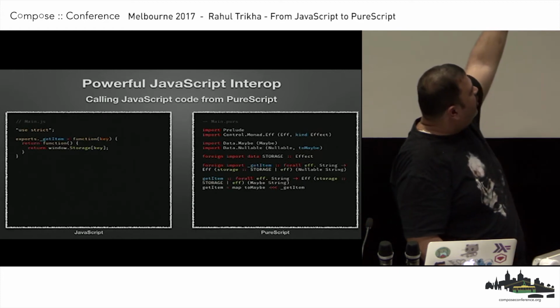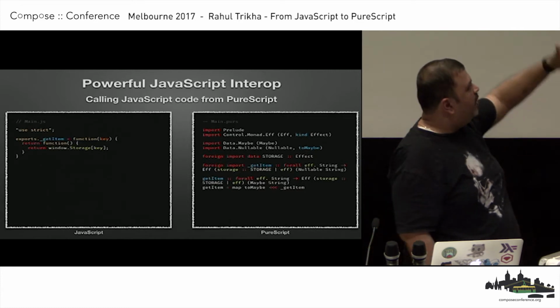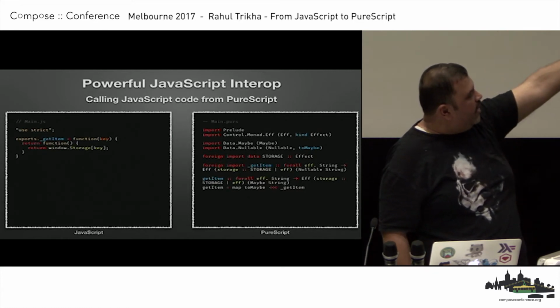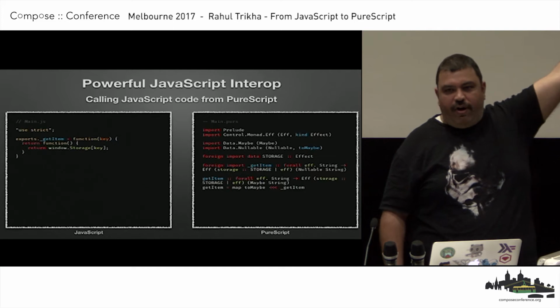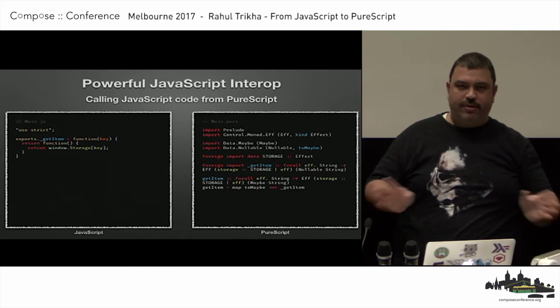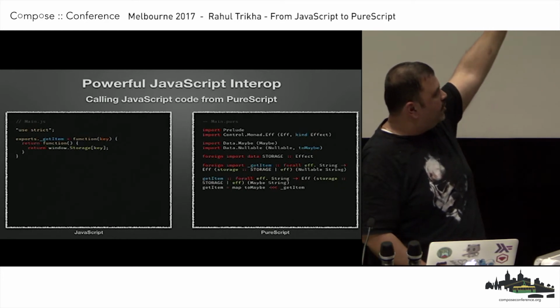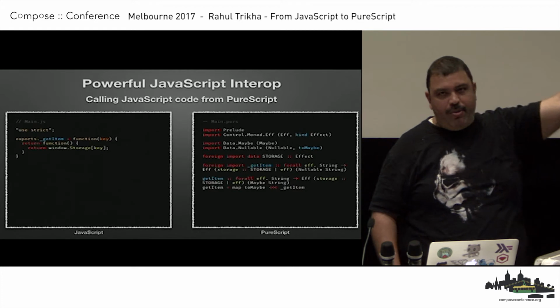But then I actually want to introduce a new thing called get item, which is a PureScript representation, which under the hood just converts the get item into a maybe. Right? So for me in PureScript land, I'm just going to use get item and not worry about it. And the get item actually returns a maybe string.